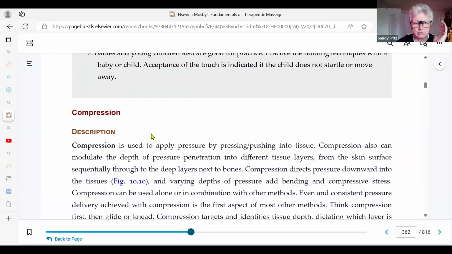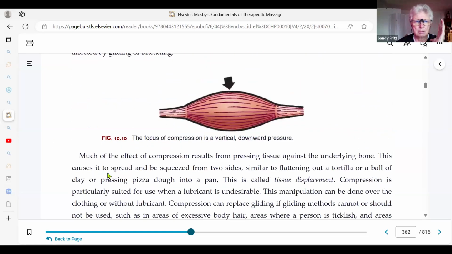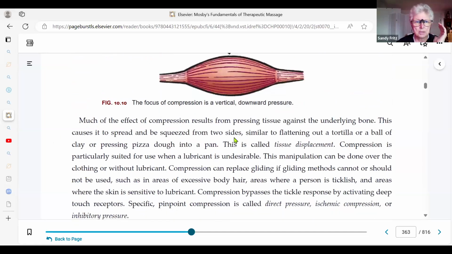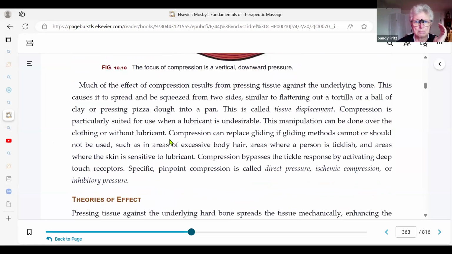Then we have compression, the definition, a sense of picture. Compression goes 90 degrees into the tissue. There are multiple names: direct pressure, ischemic compression, or inhibitory pressure.